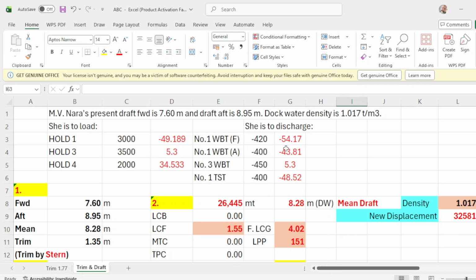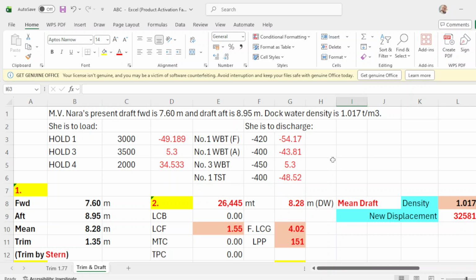So just analyze this one. The forward part of your vessel, which is number 1 WBT. If you take out ballast of 820, the tendency of your forward vessel is to go up. Plus, you have also to take out 400 here ATST, number 1, which is also negative.